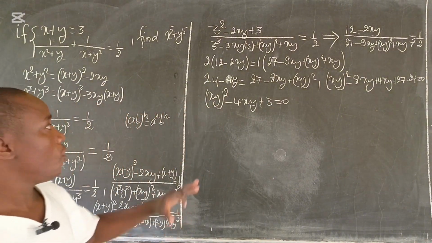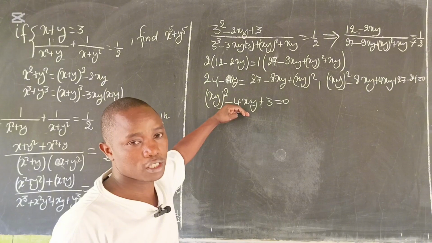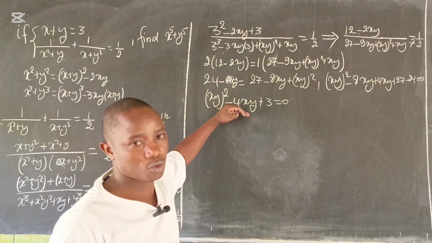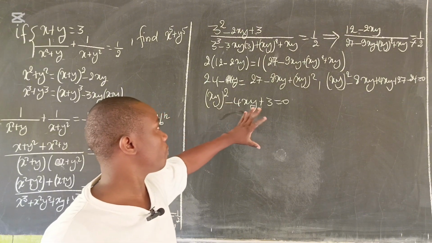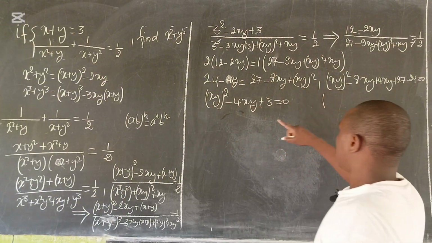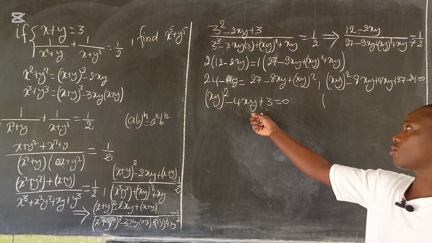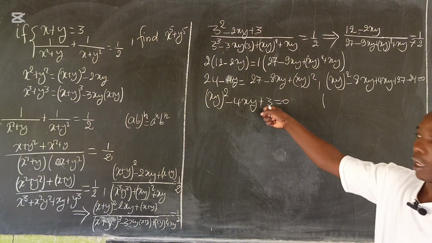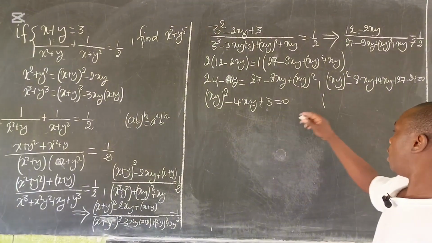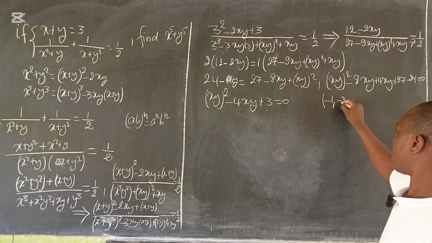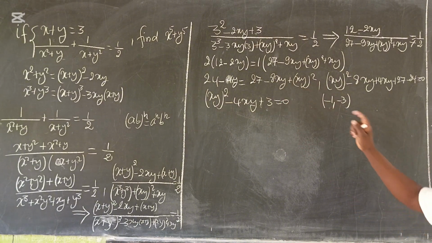As you see, we can solve a quadratic equation using completing the square. We can use the factorization method. We can use the discriminant method. So, as you see here, the product of the two roots of this equation is 3, and the sum is minus 4. That's why we have minus 1 and minus 3 as the roots of this quadratic equation.